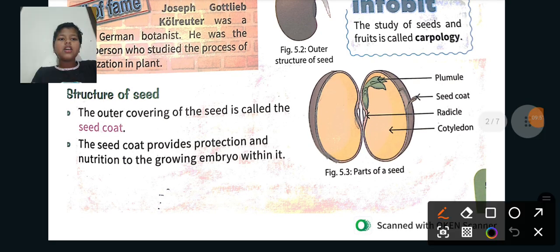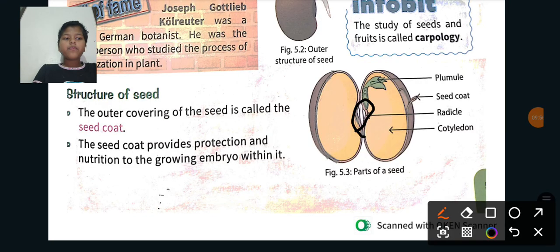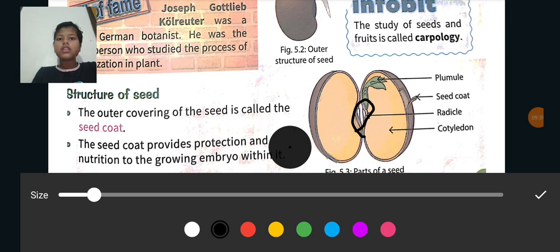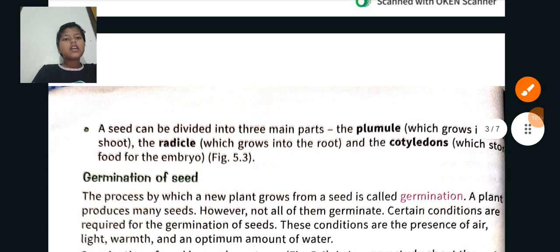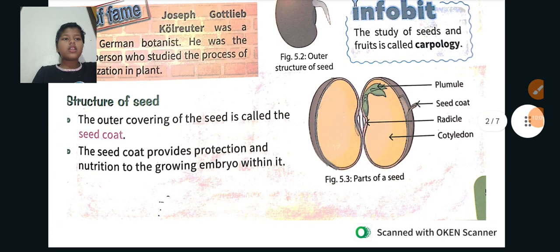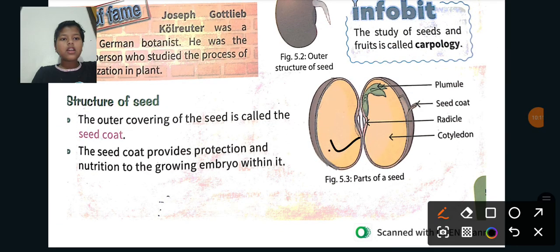This portion becomes the white thing when the seeds sprout. Next, the cotyledon, which stores food for the embryo. This part here is known as the cotyledon.